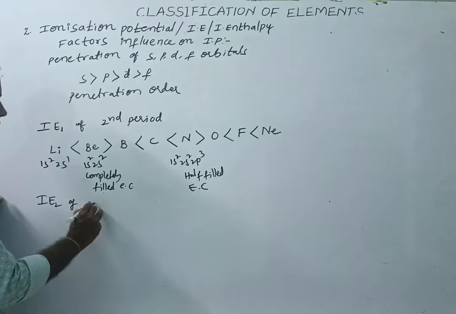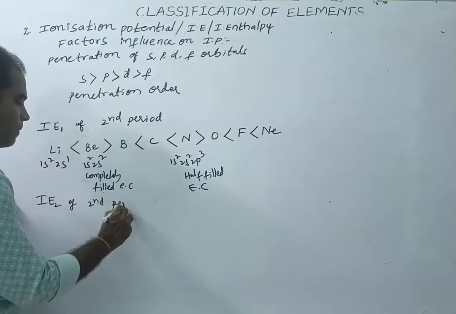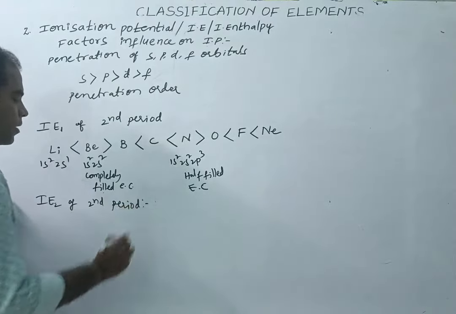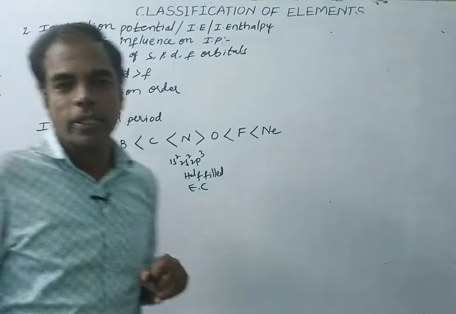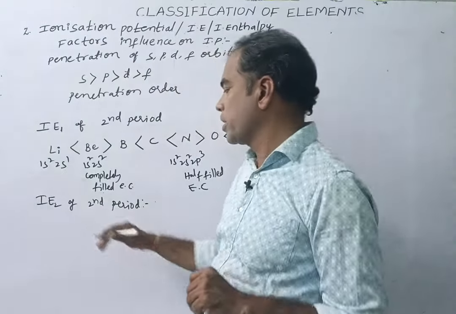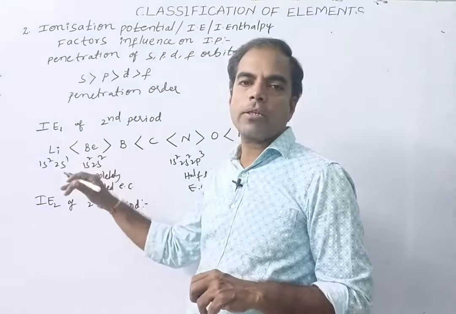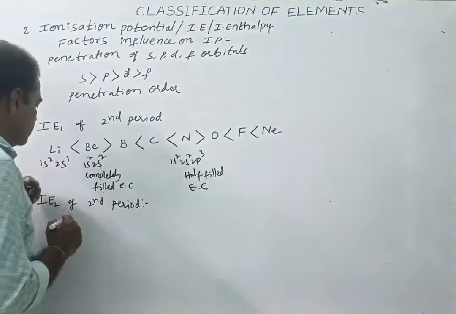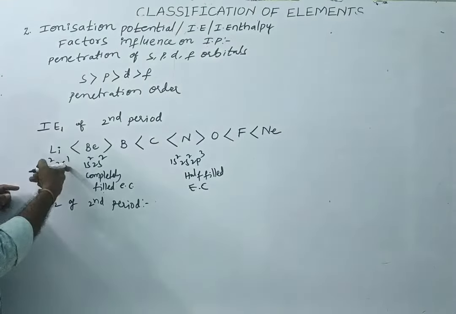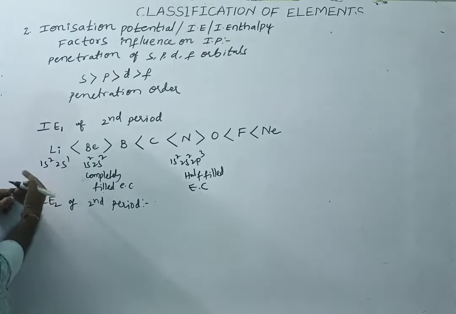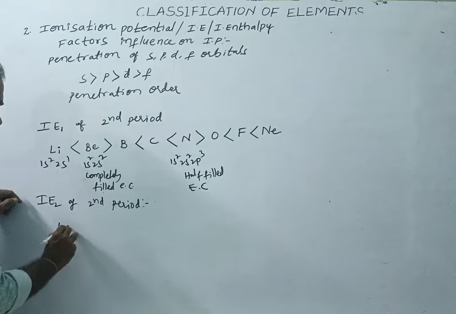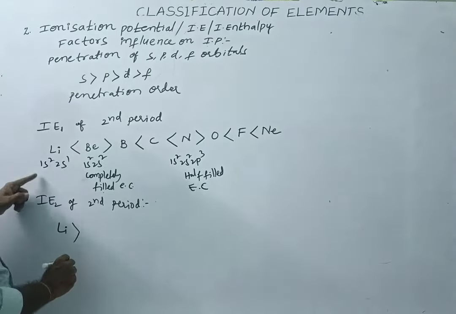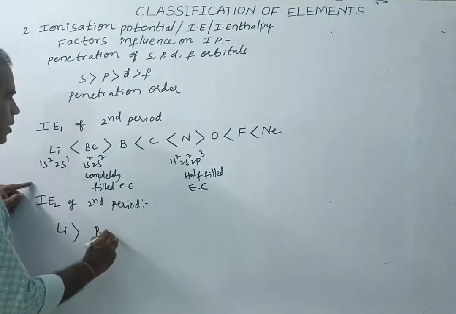IE2 of the second period. What is the meaning of IE2 of the second period? IE2 means removing one more electron from the unipositive ion, right? For example, lithium, from this one more electron. Lithium has more ionization potential than beryllium.